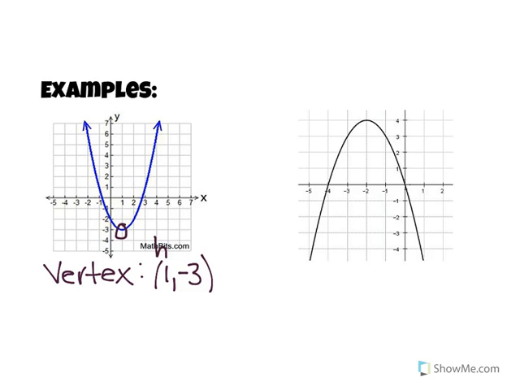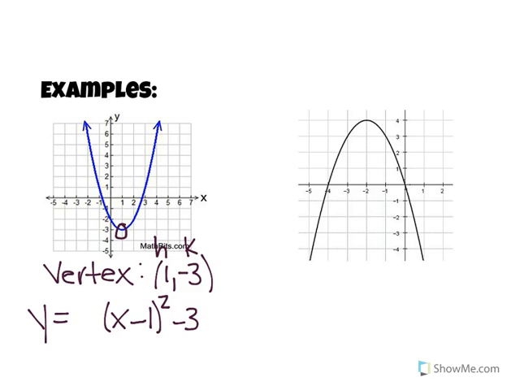Remember, this is going to be your h value, and that's going to be your k value. So we have y equals, we don't know anything about our a value yet, but I know this is going to be x minus 1 squared minus 3. Remember, inside the parentheses, we have to flip that sign. So it was positive 1, now it's becoming negative 1 in that equation.